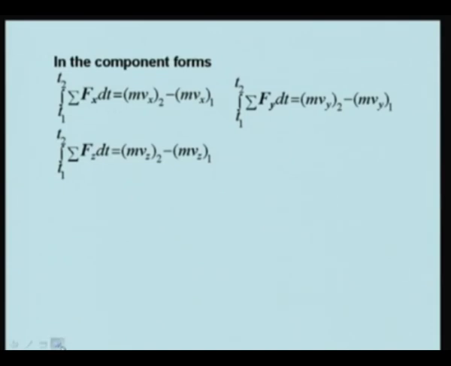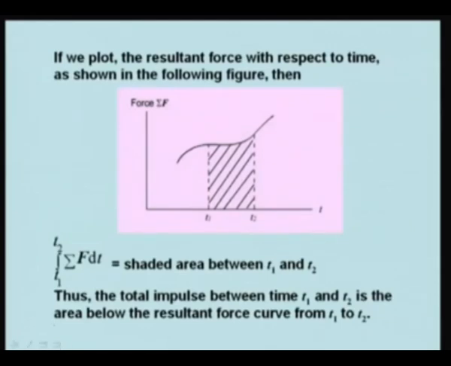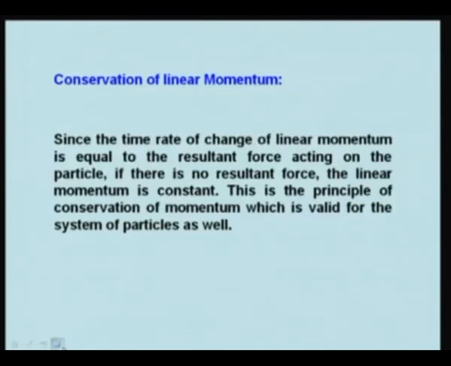Like that we can calculate the final momentum. Thus, the total impulse between time t1 and t2 is the area below the resultant force curve from t1 to t2. Total impulse is a vector quantity.